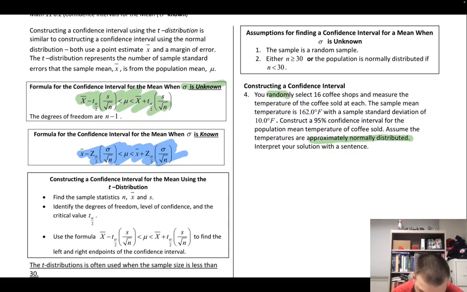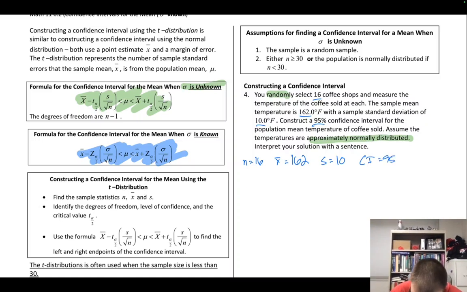So let's identify the pieces of information that we then have in this. All right, our N is 16. Our sample mean is 162. Our sample standard deviation is 10, so our S is 10. And then our confidence interval is 95.